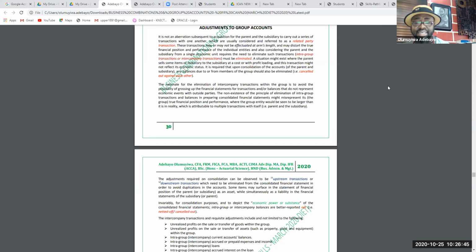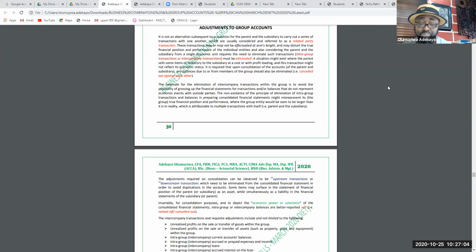It's for me to say, where does profit emanate from? Profit really should emanate from transaction of the group with external parties, or with what we call the third parties.